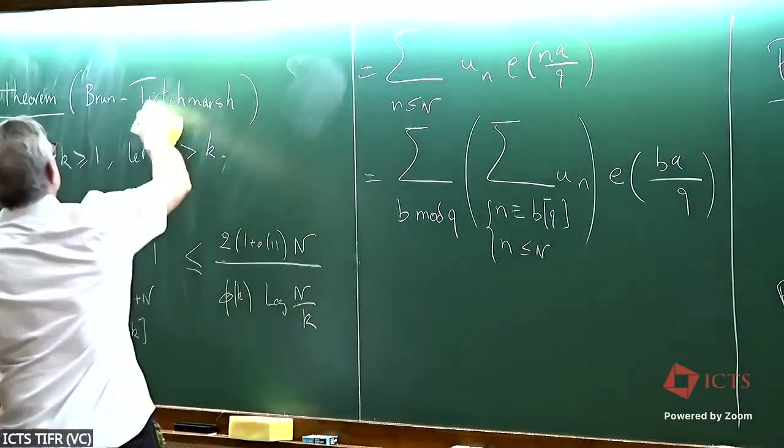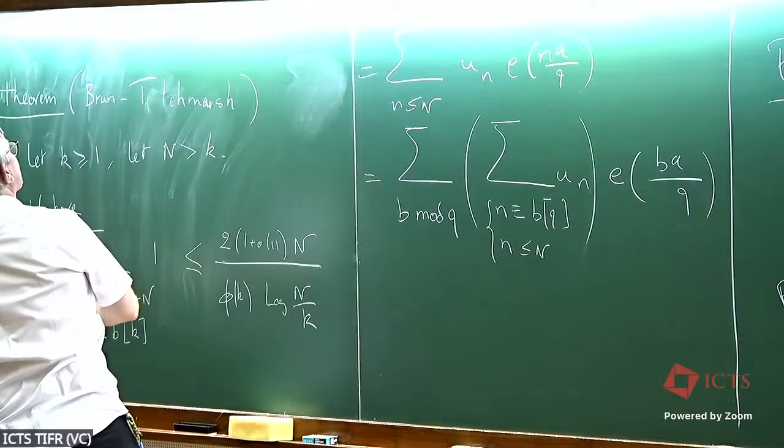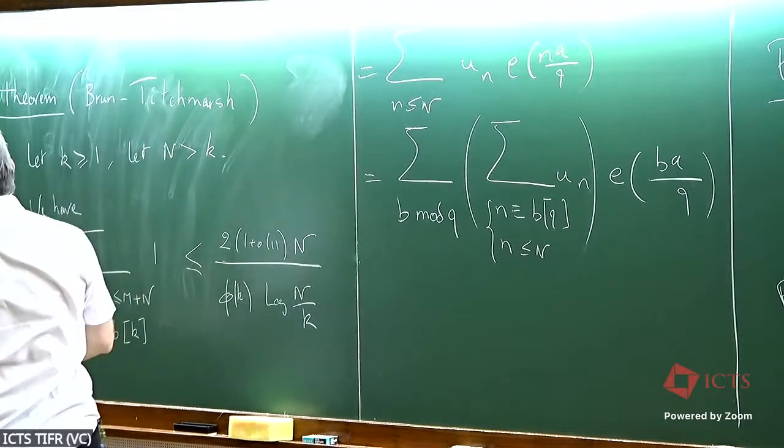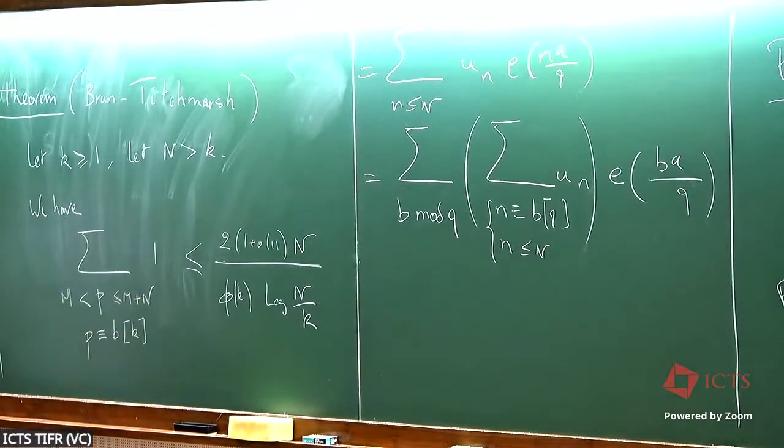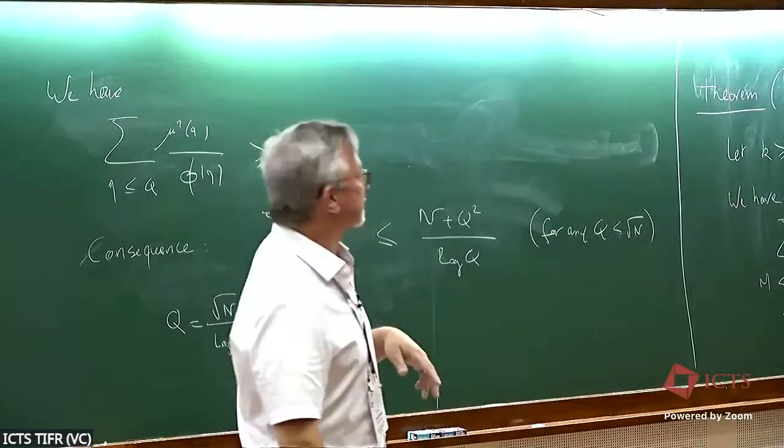It's an I here. Not because Braun proved it, not because Titchmarsh proved it, in fact. Because Linnik in 1961 wrote a book, The Dispersion Method in Analytic Number Theory.